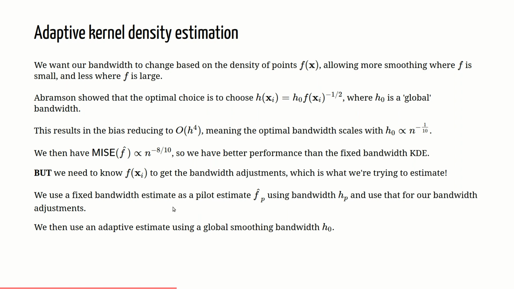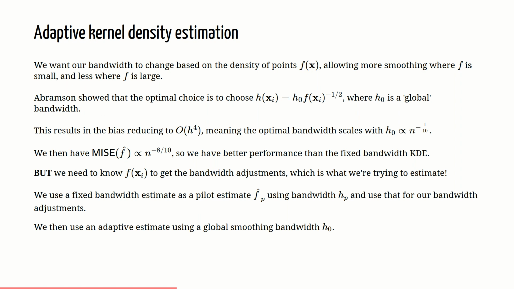In areas where points are very sparse, so f of x is small, we want more smoothing. Okay, and it turns out that scaling with 1 over the square root of f basically is the optimal way of doing so.